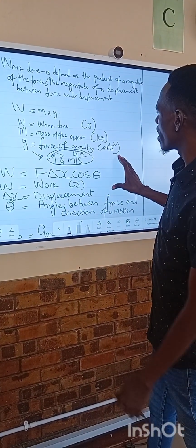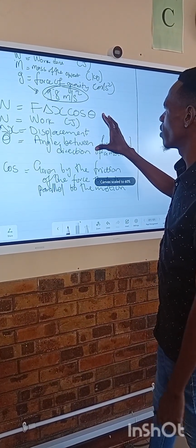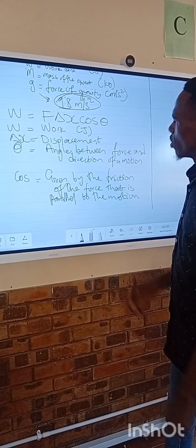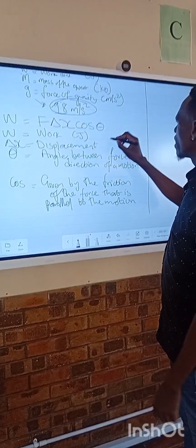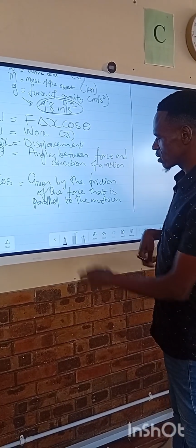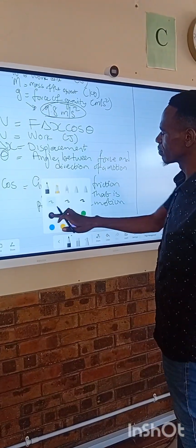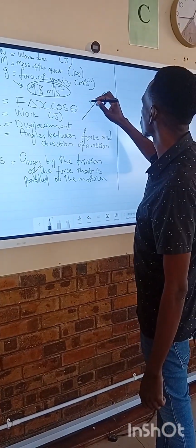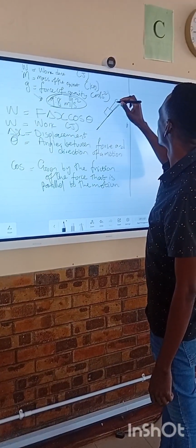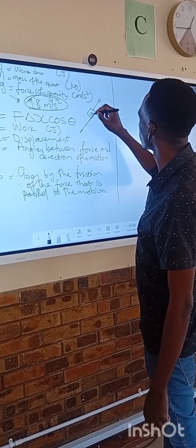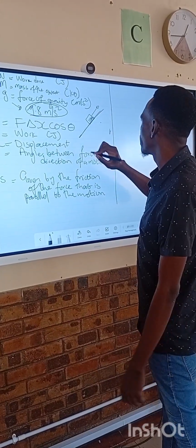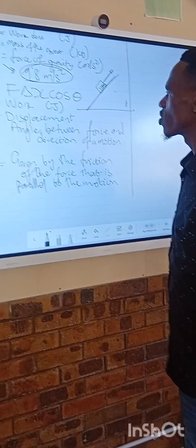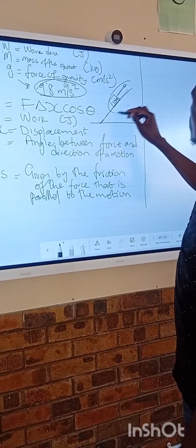We also have the case where the work is done at an inclined angle. What do we mean when the work is done at an inclined angle? For example, let's say we have a crate, a box of 10 kg, on an incline, and this is the ground, and someone is pushing the box.